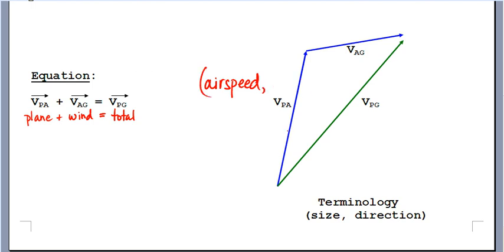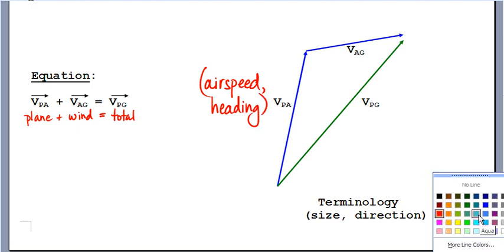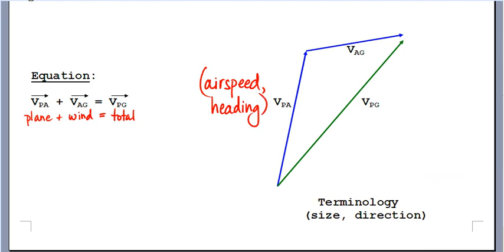And then the direction this vector is pointing is called the heading. Another way to remember the heading is that's the direction the nose of the airplane, or the head of the pilot, is always pointing. So the heading is the direction the plane points.